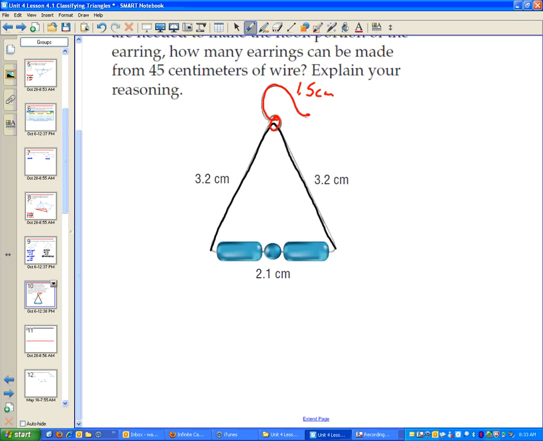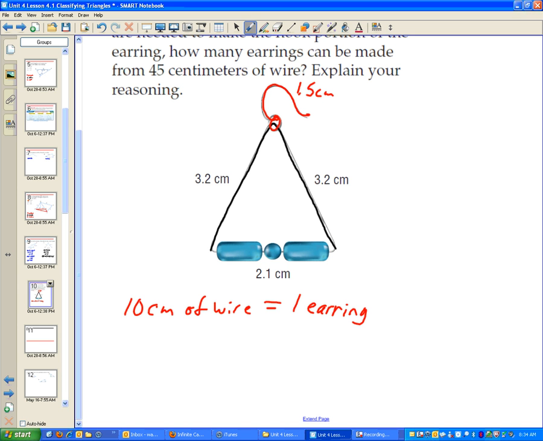Okay, so if it takes 10 centimeters of wire to equal 1 earring. All right, and how many centimeters do we have? 45. So how do they word this? Where's the question? How many, okay, earrings. I was afraid they were trying to trick us with pairs of earrings. How many earrings can we make? 4.